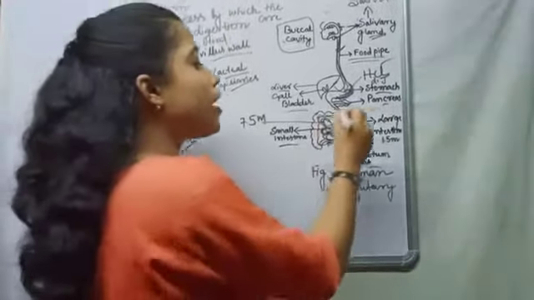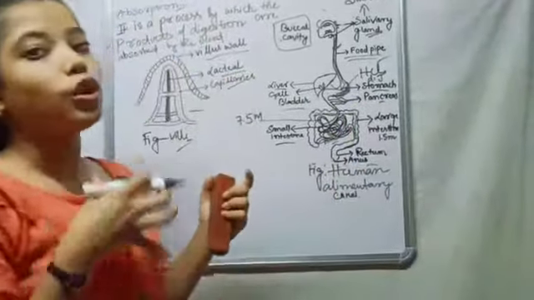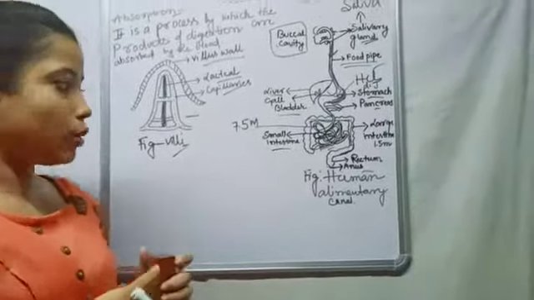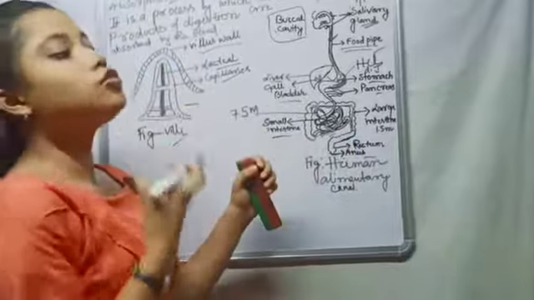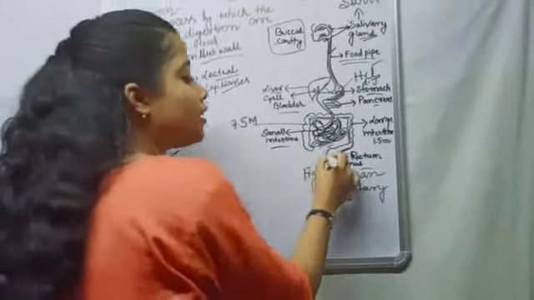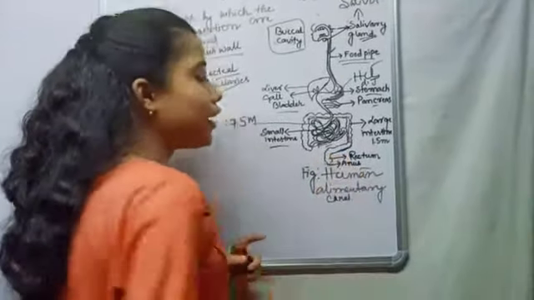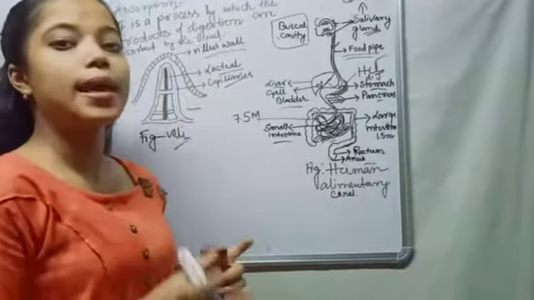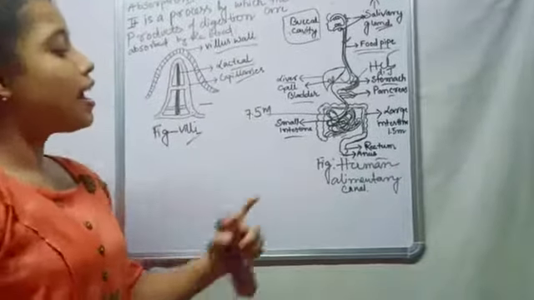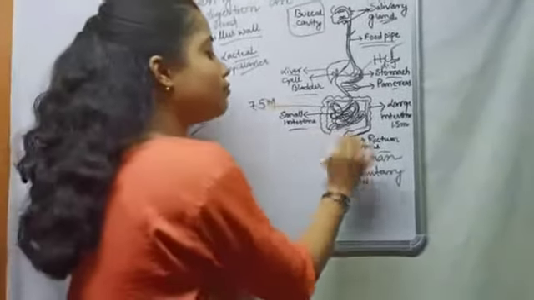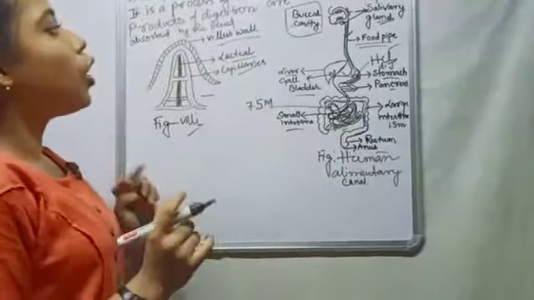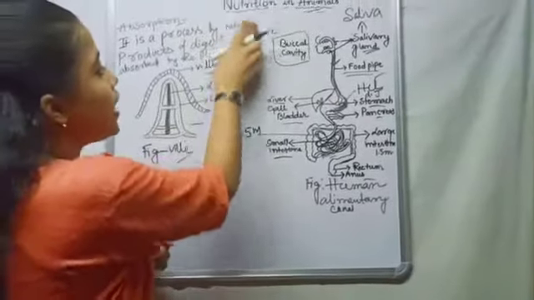So the excess water and salt is soaked out from the undigested part. Okay, now when everything is soaked out, the undigested part goes to the rectum and remains as semi-solid feces, and is then ejected from time to time through the anus. So this is the whole process of digestion.